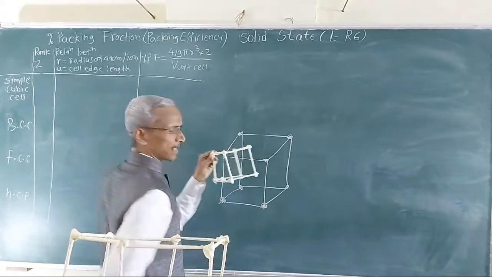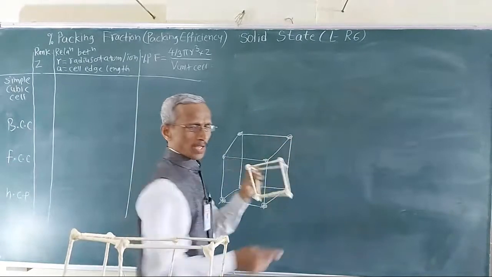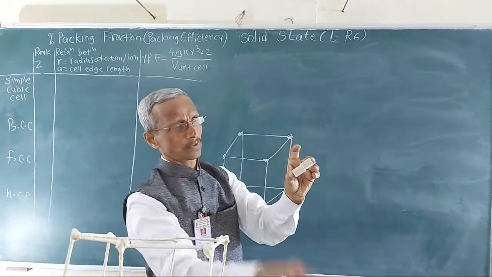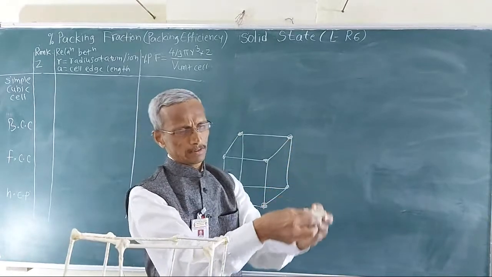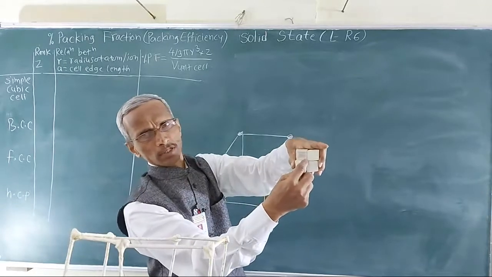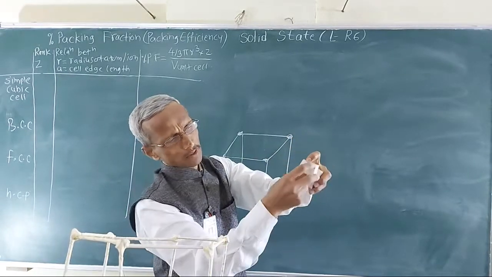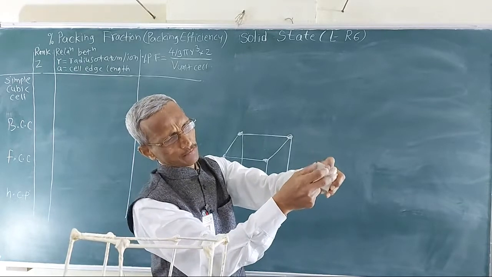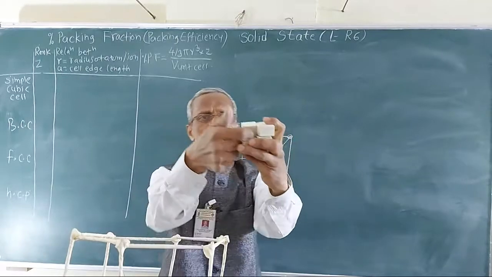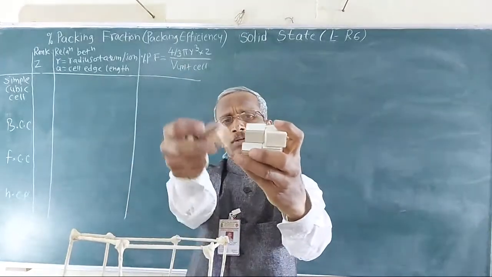Generally the anions are there, which are larger in size. Anions are at 8 vertices, and as you know, if this is the 1, 2, 3 and the 4, okay, now this vertex is common to 4. Similarly, in this layer also, 5, 6, 7. Okay, so these vertices are common to 8 cubes.